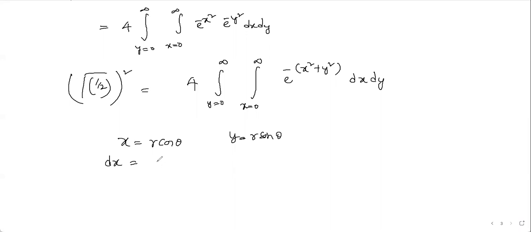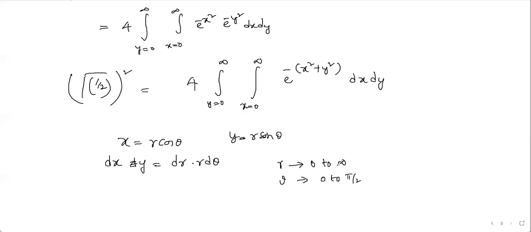Let us put dx and dy together, which is equal to dr into r d theta. Now r varies from 0 to infinity, while theta varies from 0 to pi by 2.